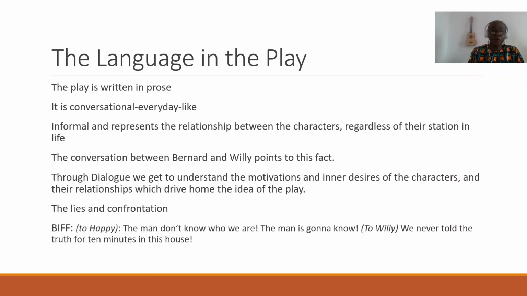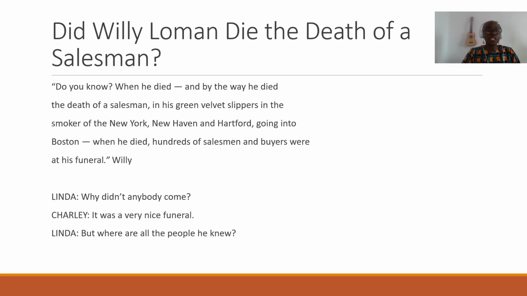They've been lying about everything. And this shows us why Biff suddenly realizes that all this while he thought that he had been a salesman to Bill Oliver. But he had never been. He was just a clerk.